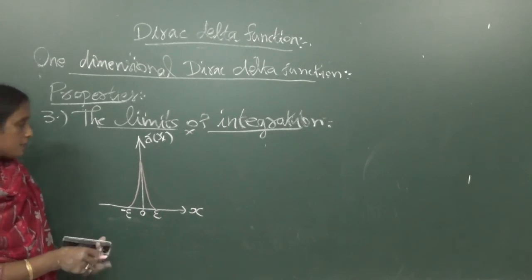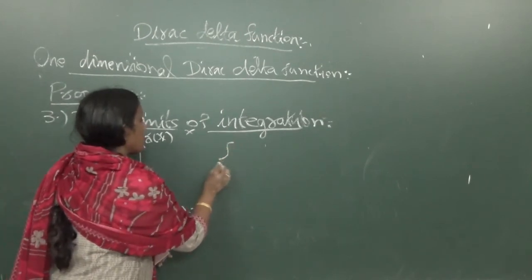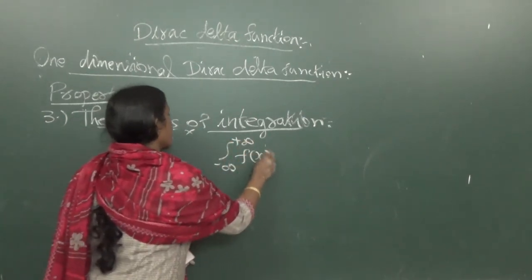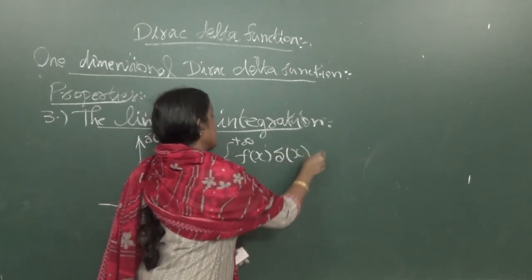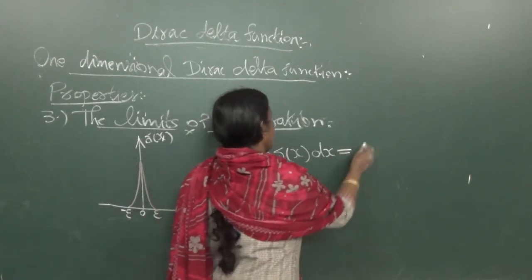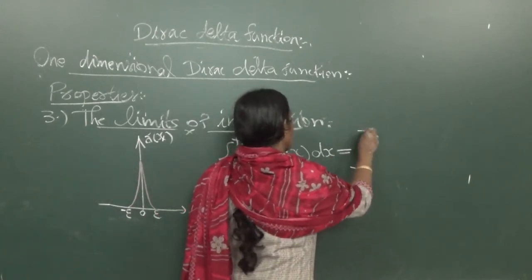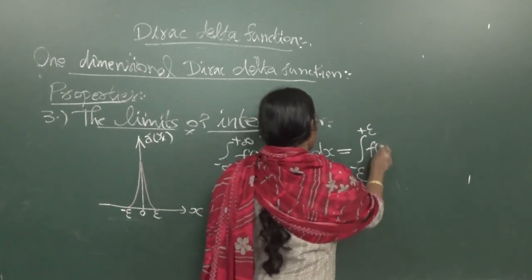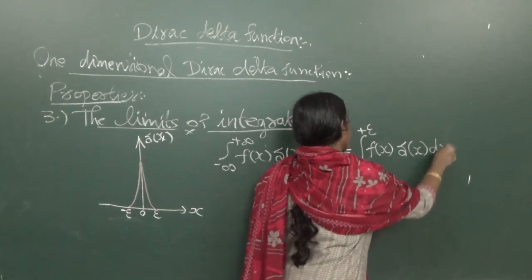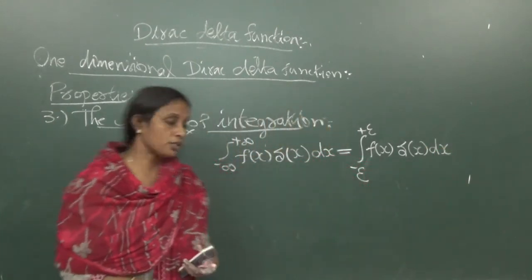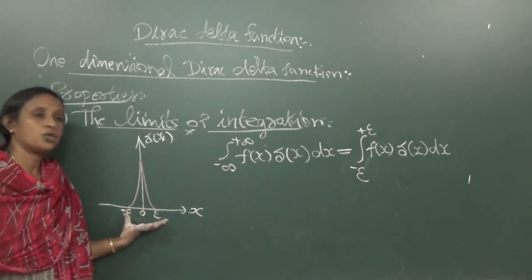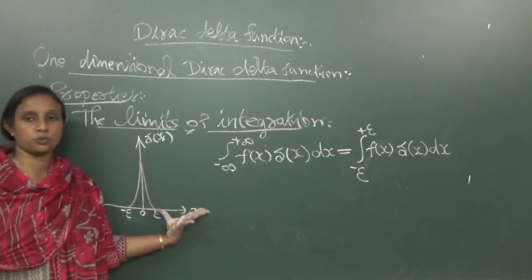Okay, in this context, integral minus infinity to plus infinity f of x del of x dx can be written as integral minus epsilon to plus epsilon f of x del of x dx. Okay, because you can see that the size of the delta function is only up to epsilon. After that, it is already 0.